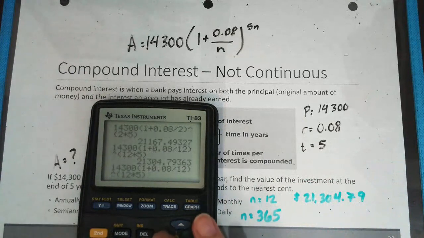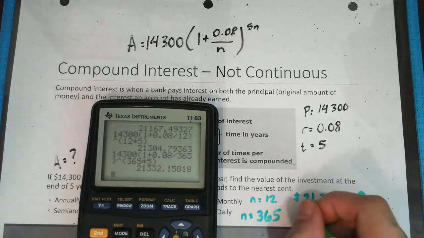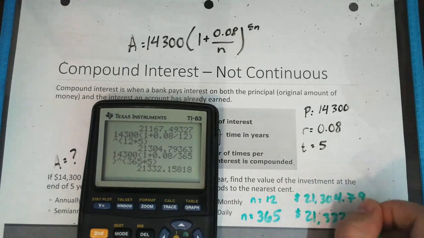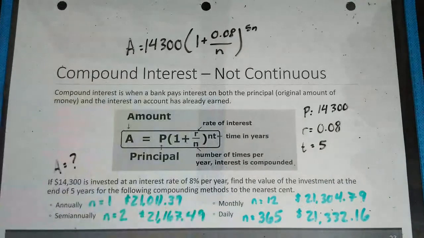And then for daily, I need to plug in 365 for my N. And that's getting me $21,332.16. So that's just plugging in my different values of N. And what it's doing is it's saying, how often am I going to check how much money you have total and figure out the interest from there?